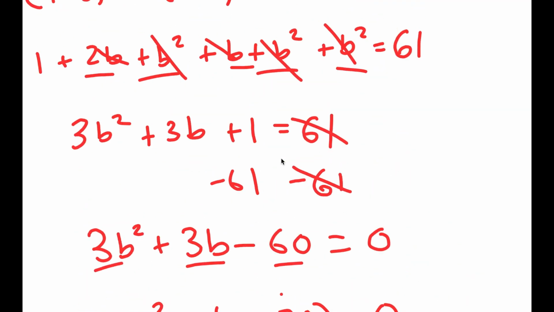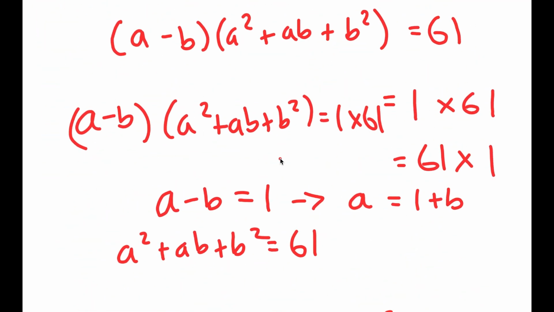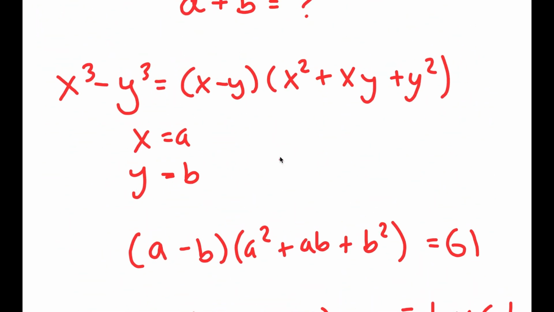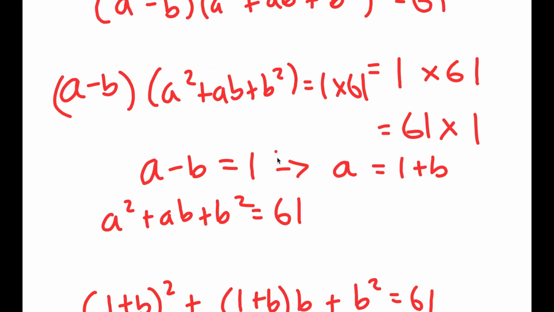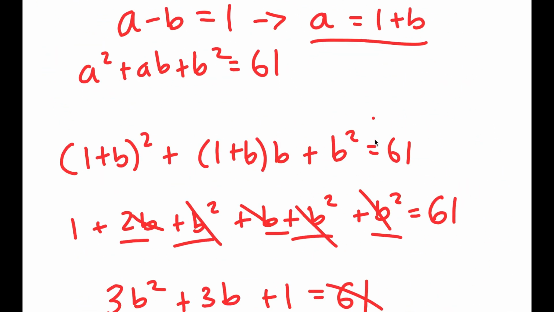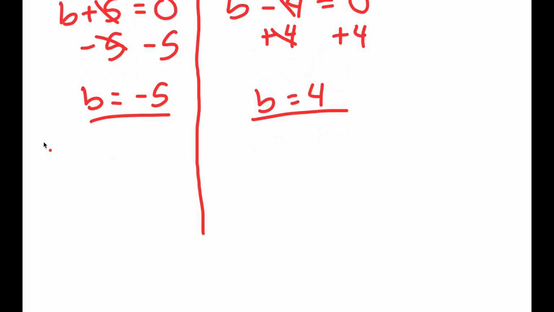So now going back, we know that a is equal to 1 plus b. So if we know that a is equal to 1 plus b, and we know the value of b, which we got, then we can easily find a.